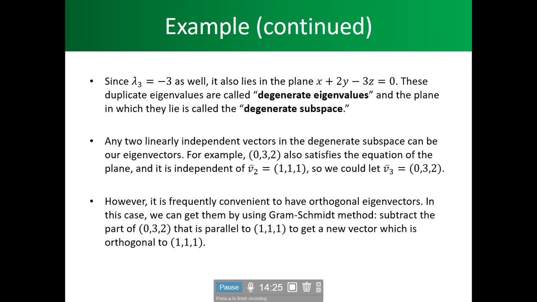Gram-Schmidt's method always works. In this example, our matrix is not symmetric. So the resultant of V1 cross V2 gives us a vector that does not even lie in the degenerate subspace, whereas it is not in the plane of x plus 2y minus 3z equals 0.